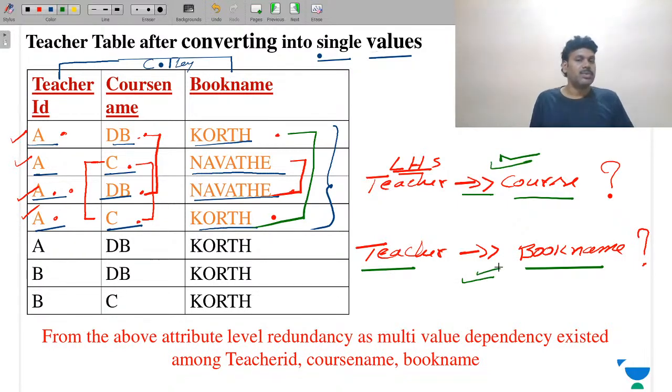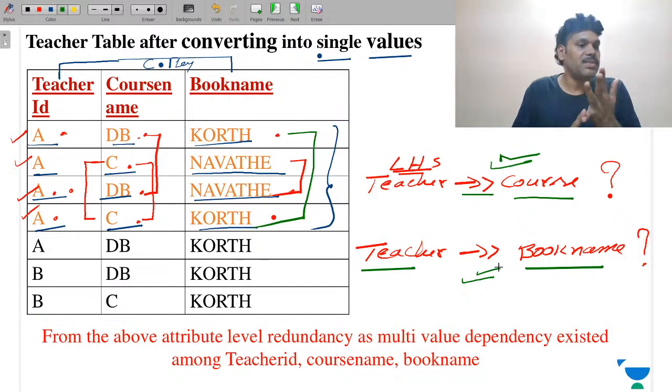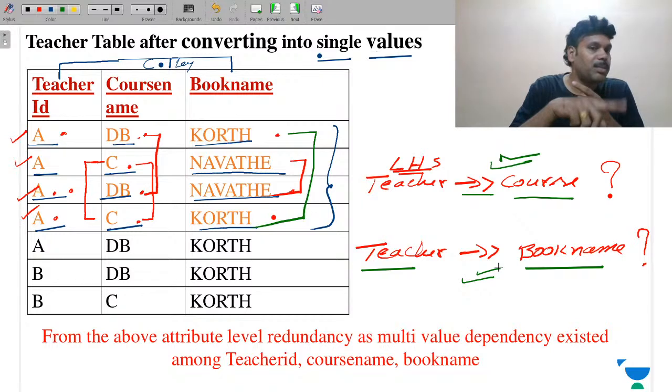This is how. So we learned important things here. What are they? What is a multi-value dependency? And how BCNF suffers from redundancy using a multi-value dependency? And how you can prove multi-value dependency using a condition and data.